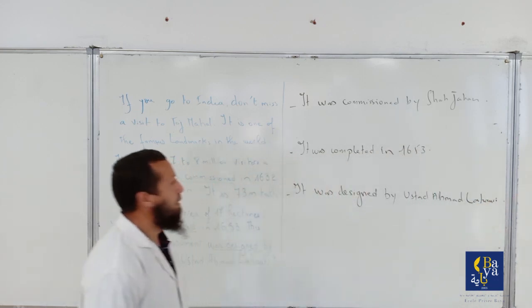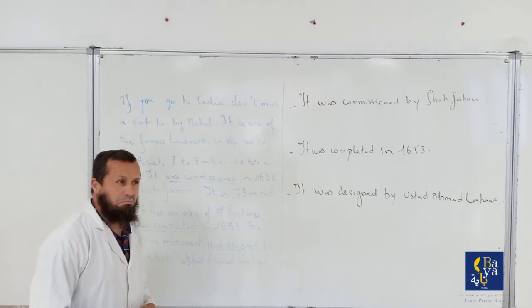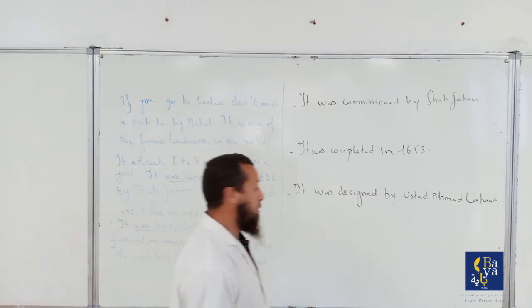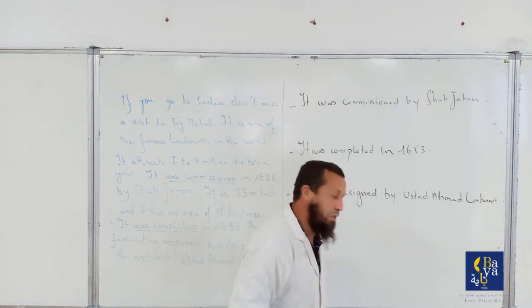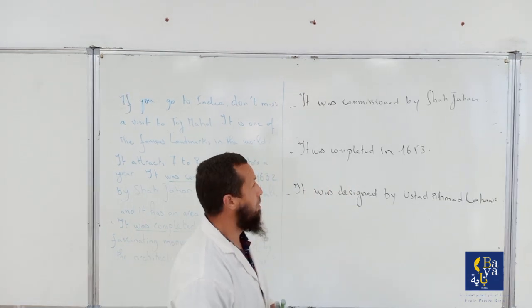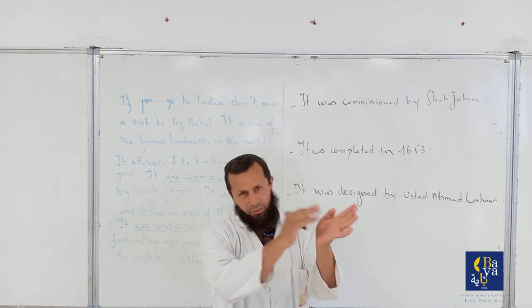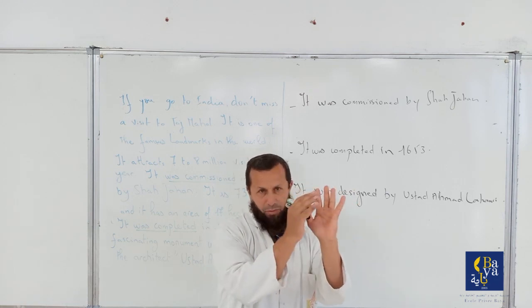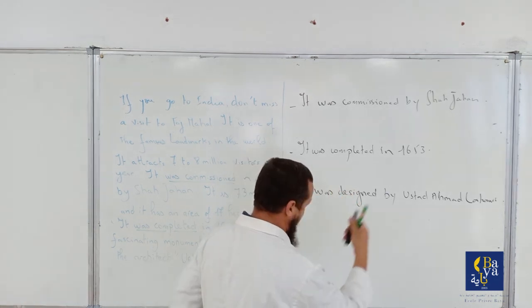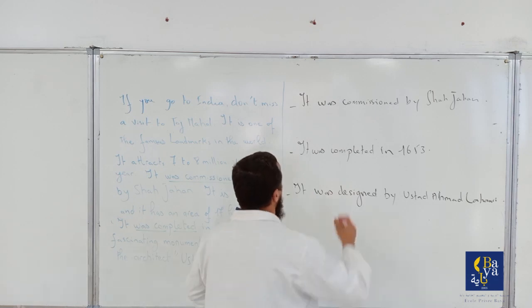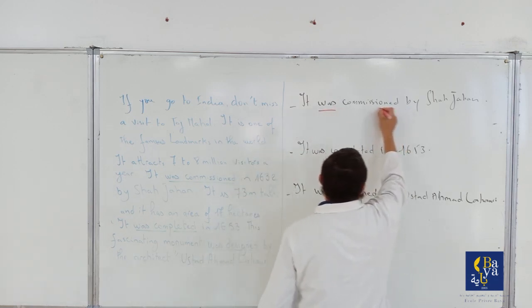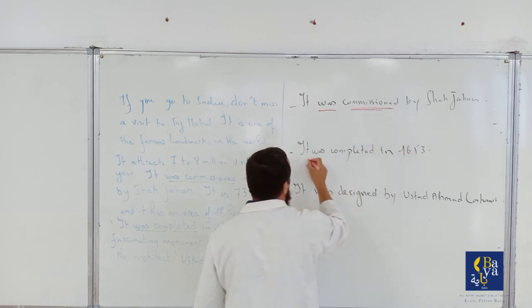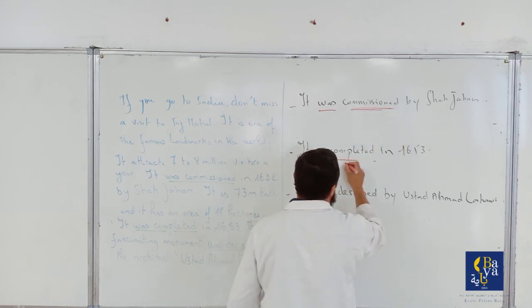So, what do you notice? You notice that in the three sentences we have the same form of the verbs. We have verb to be and past participle.